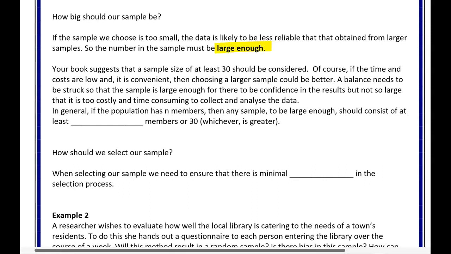A sample of 5, no, not good enough. Even 10, not enough. You can't say that selecting 10 from a population of 10,000 is representative of the population. So we make sure we talk about this idea of at least 30, and if it's a large population, the square root of n, being the number in the population.